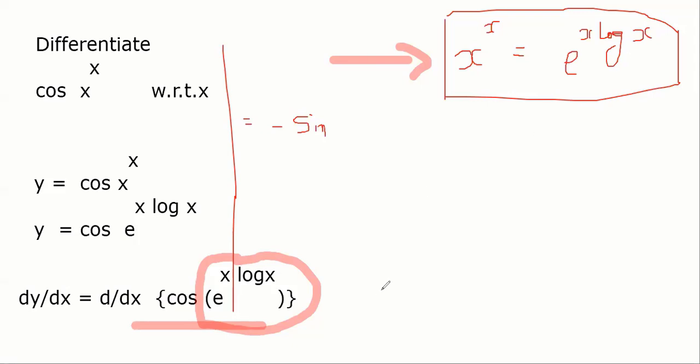So cos of x is minus sin x. So minus sin of x is the same thing, e to power x log x. So cos of x is done. Now, what is the differentiation of only this function? e to power x will remain e to power x, right?